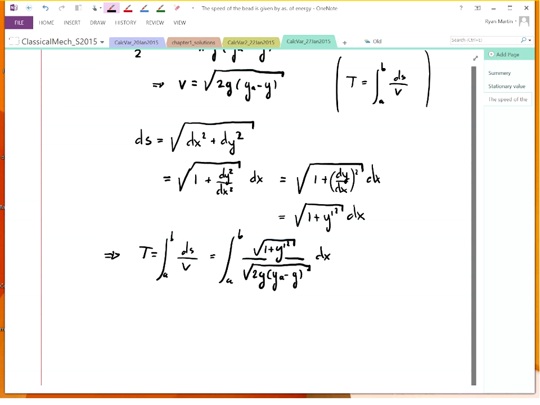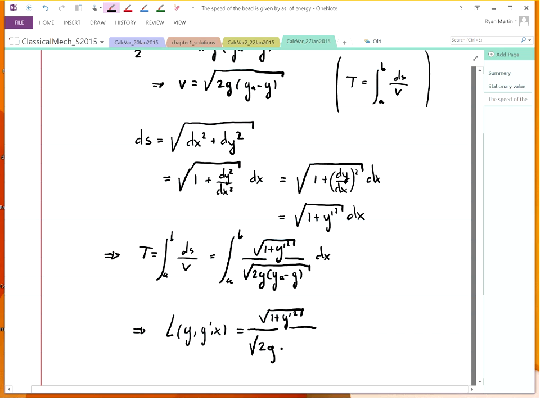And so now our problem is that of finding which function y makes this integral a minimum, or in our case minimum, but in general stationary. So the function L, which I'll write as L of y prime and x, is the integrand of this thing.